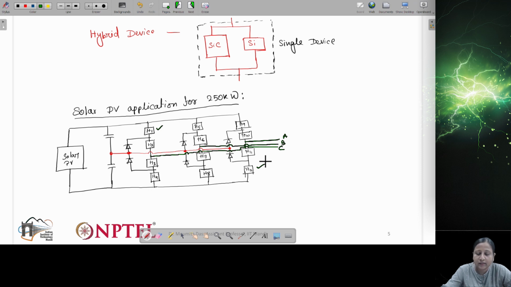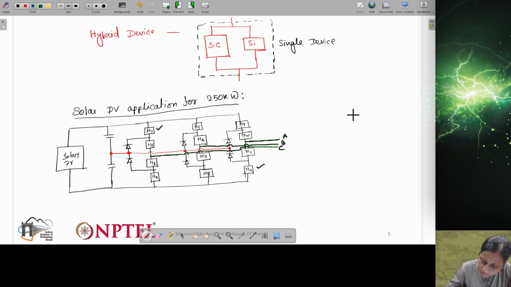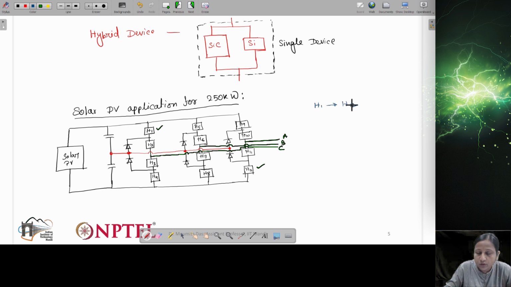Single switch means it can be either a silicon switch or a silicon carbide switch, or maybe hybridizing as I have shown here in the single device. So what the authors have done is they have considered this hybridizing of the device. How have they considered this hybridizing? Let me use this H1 to H12. They have used the hybridizing device.